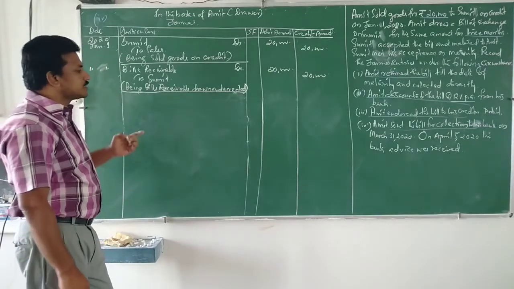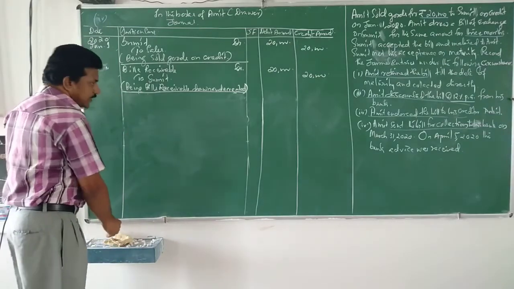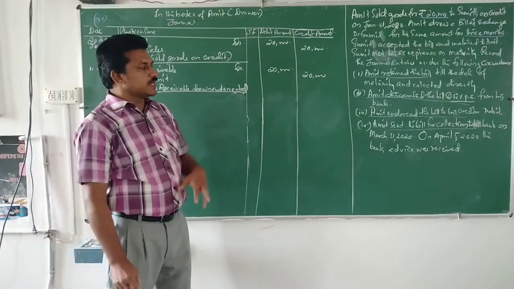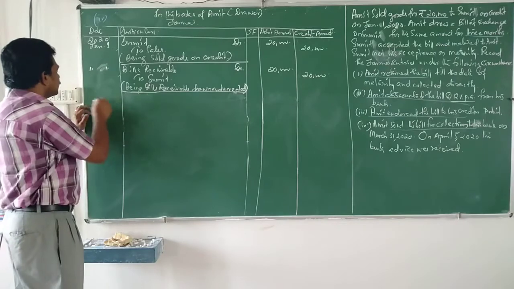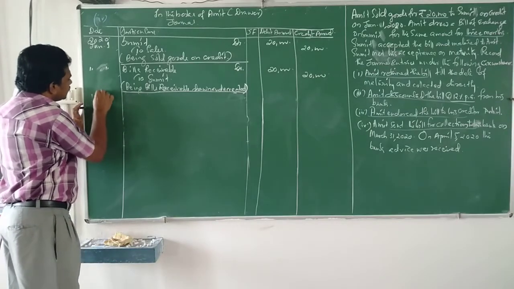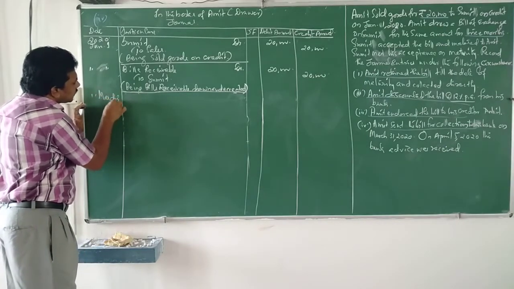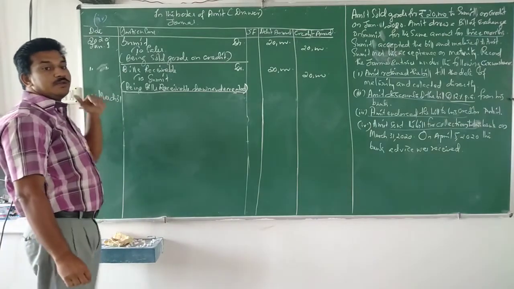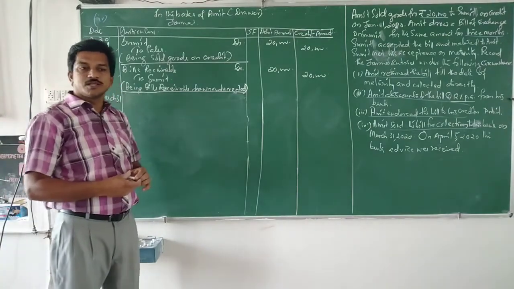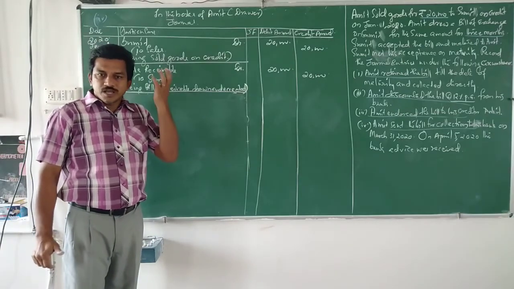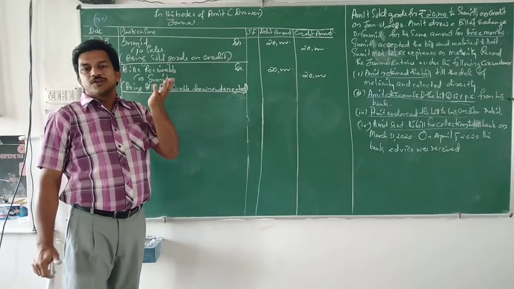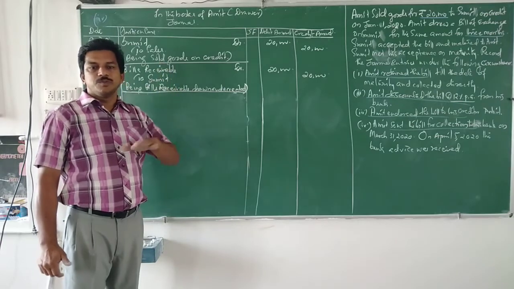This is the fourth case in the books of drawer. Amit sent the bill for collection on March 31st, 2020. What is the journal entry if he sends the bill for collection? Yes, a new asset comes, bill sent for collection, and the bills receivable will be cancelled.